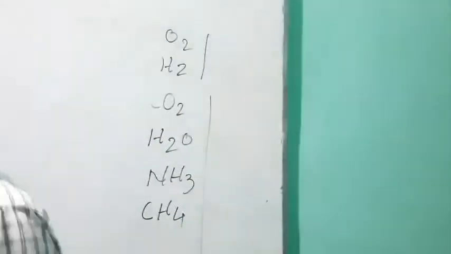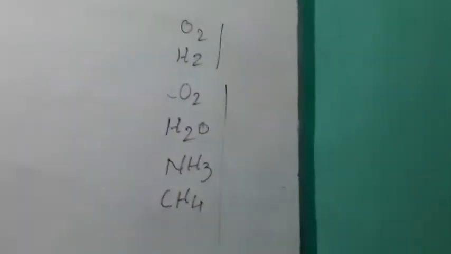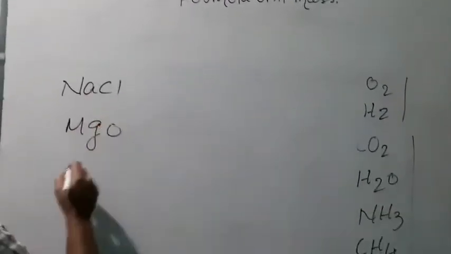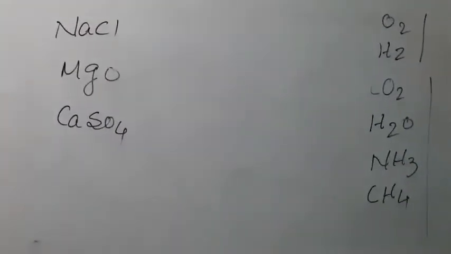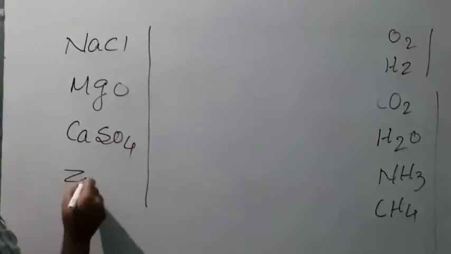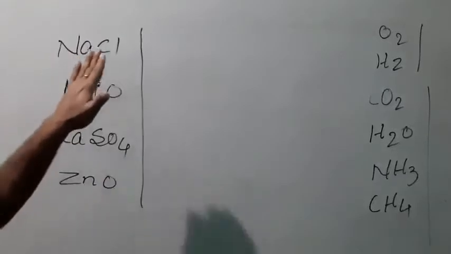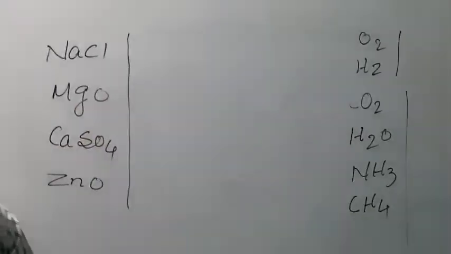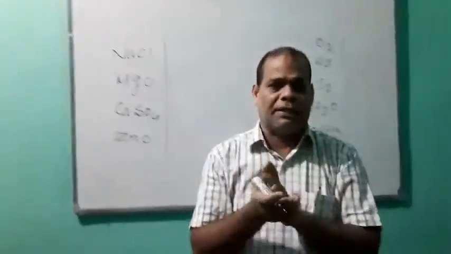But on the other hand, when we talk about ionic compounds, NaCl, MgO, CaSO4, ZnO, these compounds combine two or more than two different elements, but they form by the formation of ions.